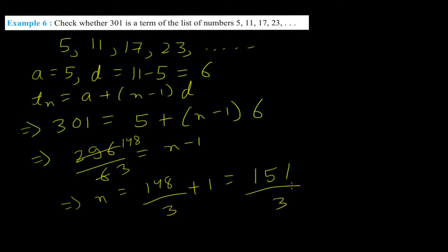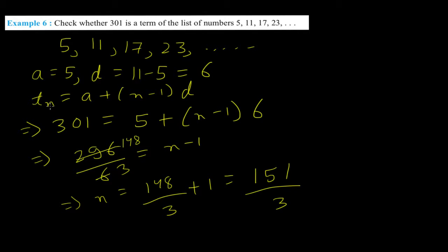So according to this, 301 should be the 151 by 3 term, but there is no 151 by 3 term, right? n has to be an integer. So we have first term, second term, third term, fourth term, fifth term, sixth term, seventh term, and so on. So this n here is always an integer.